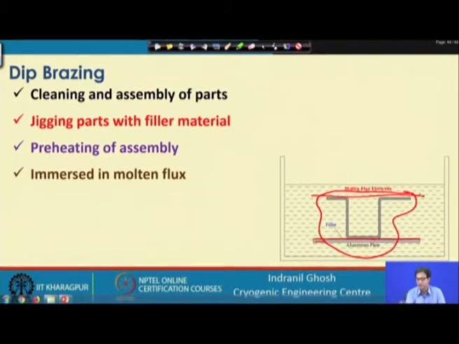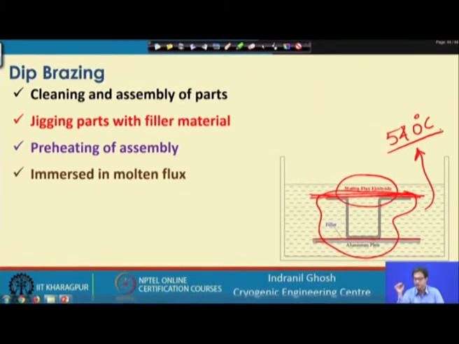There will be another filler material filled separating plate. Like that, this whole assembly which has been preheated, we put it in the molten flux electrolyte. This temperature is nearly 540 degrees centigrade or 538 degrees centigrade.